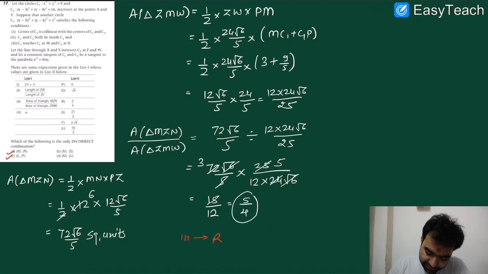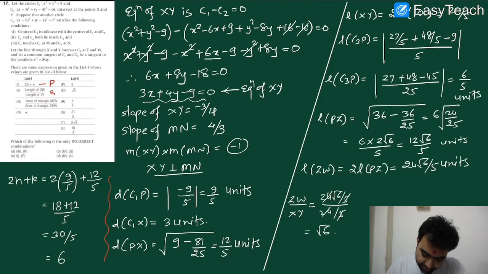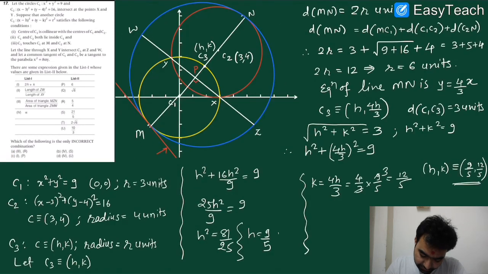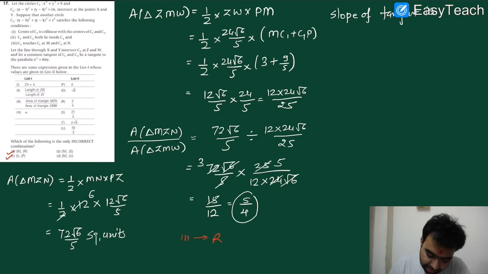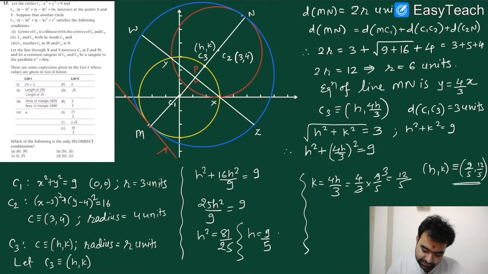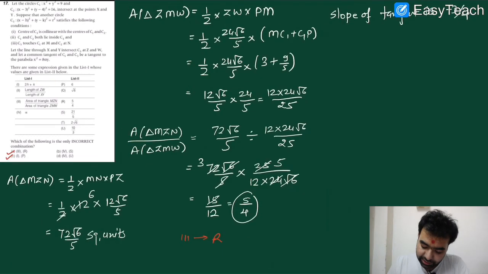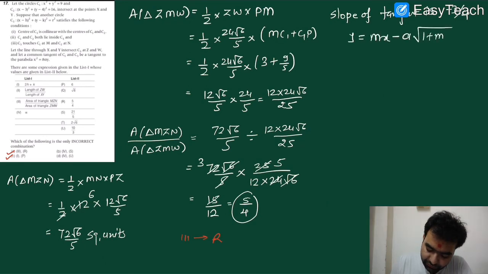So the slope of the tangent is, now the equation of XY is the same as ZW, that is this equation. So the slope is minus 3 by 4. So that will be minus 3 by 4, and that tangent is tangent to the standard circle. So I will apply the condition of tangency y is equal to mx plus minus a under root of 1 plus m square.